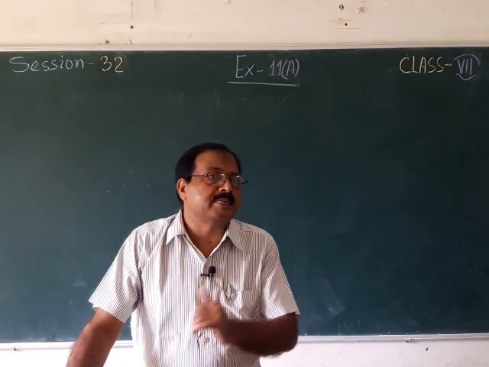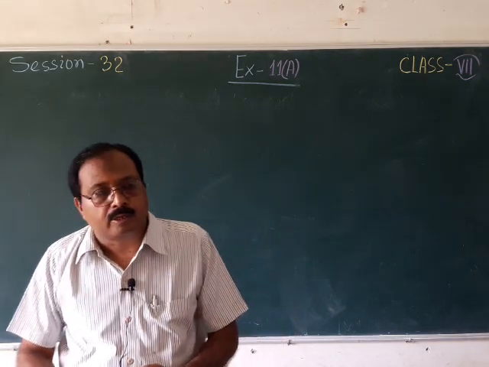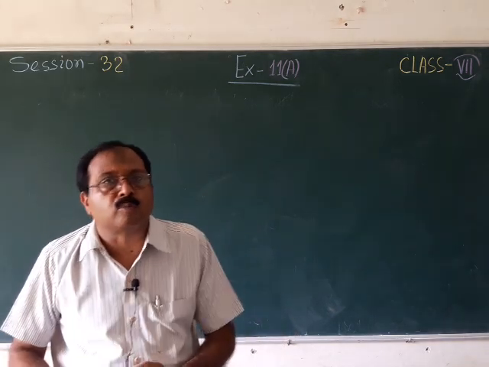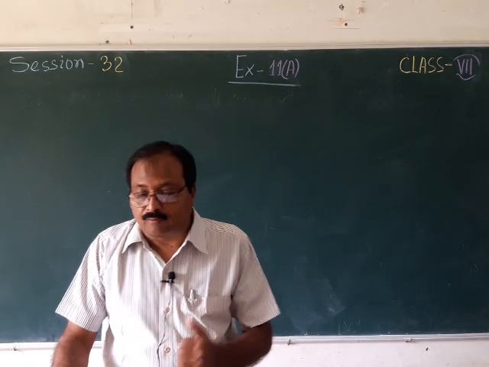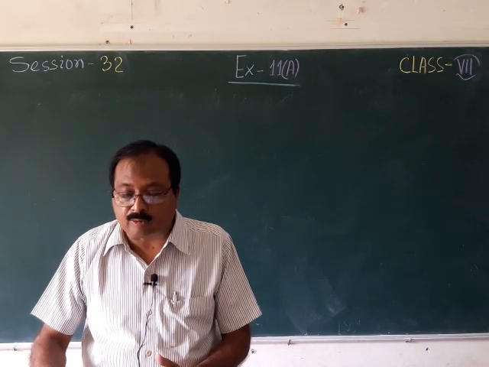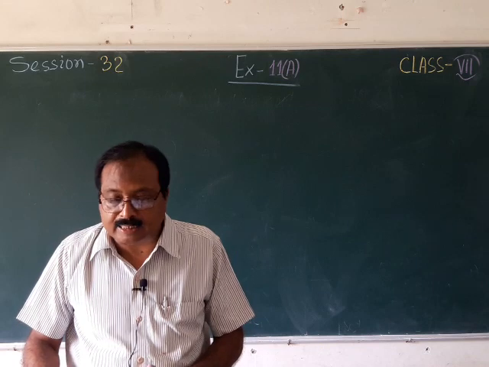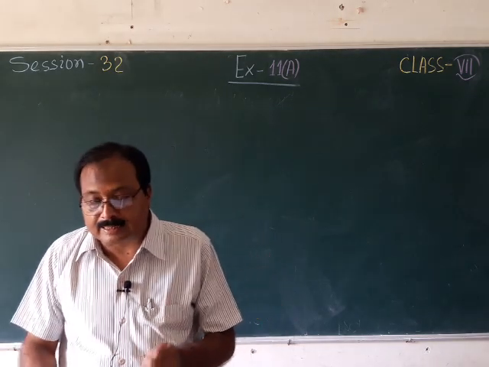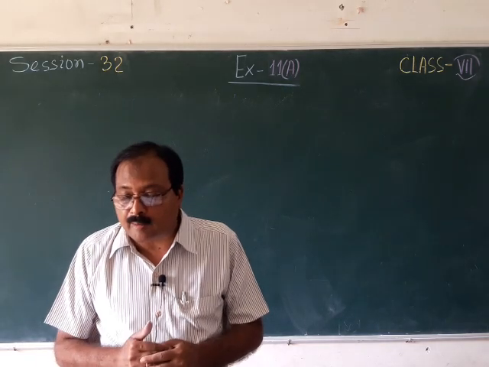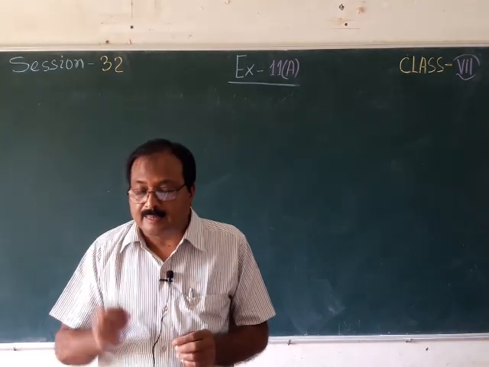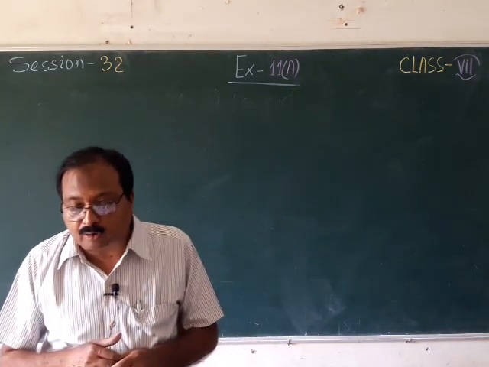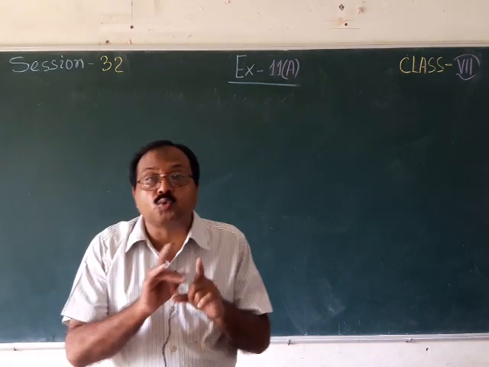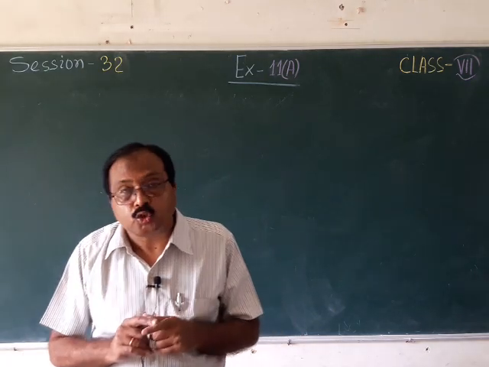Warm up means the revision part, whatever idea you have from your previous classes. First of all, they are talking about the line segment. Let us recall important points about lines and angles. A line segment is a part of a line. Just underline: a line segment is a part of a line and it has two end points.